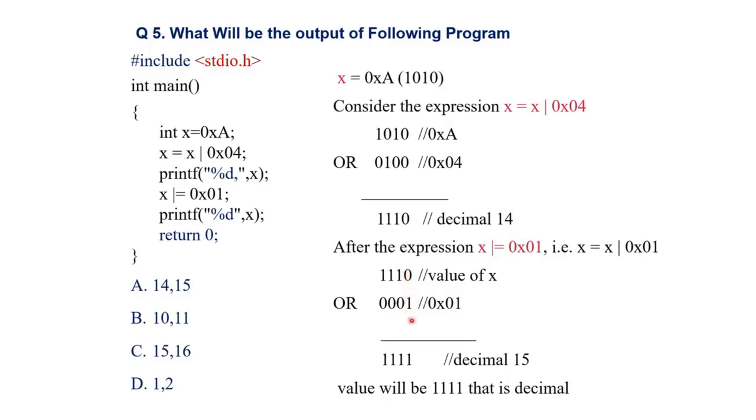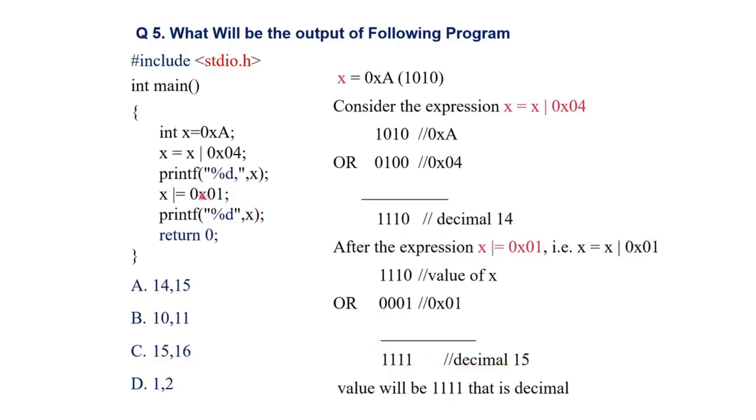Therefore 0 OR 1 is 1, 1 OR 0 is 1, 1 OR 0 is 1, and 1 OR 0 is 1. So the value of this expression will be 1111, which is equivalent to the decimal value 15.